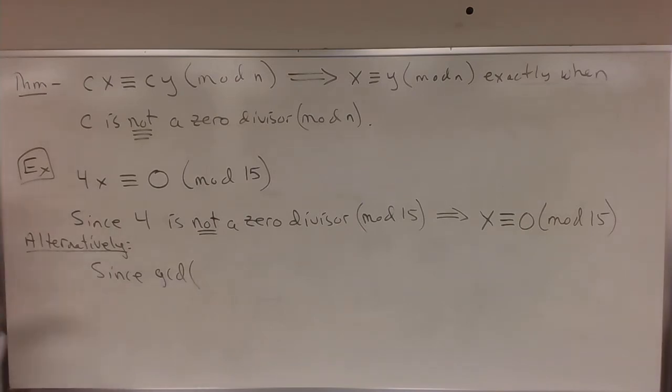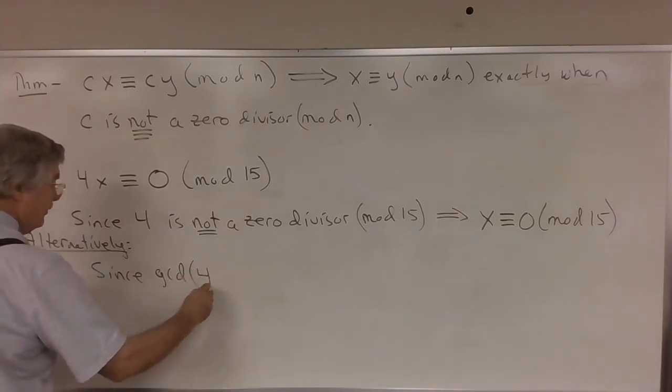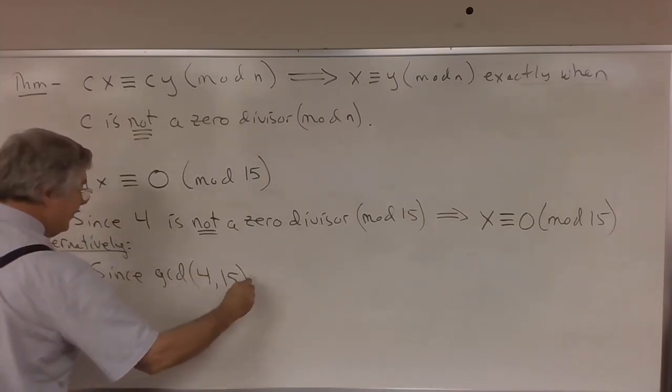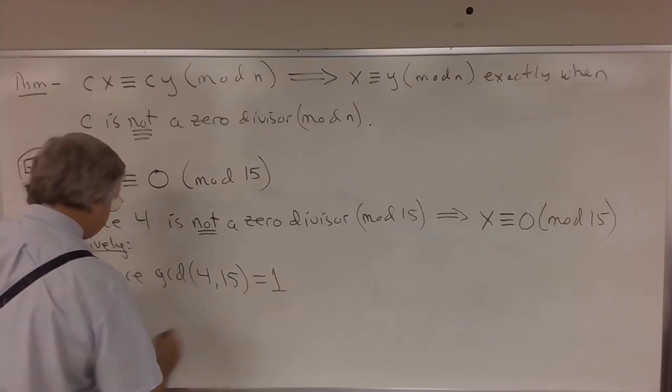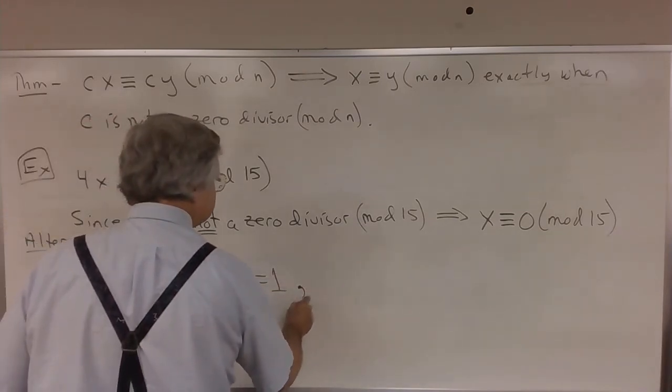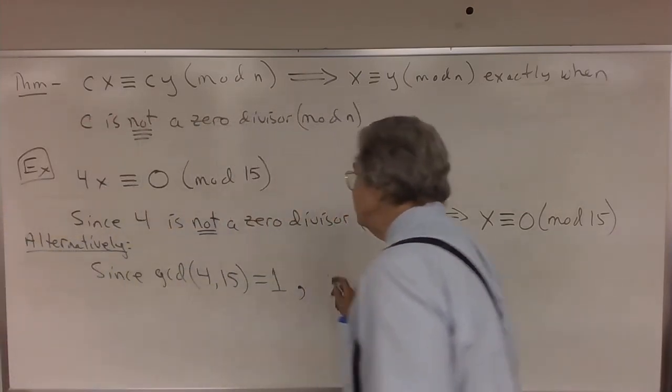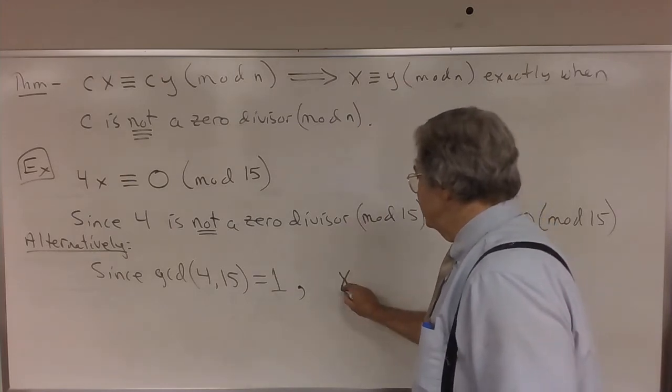We could say 4 and 15 are relatively prime, so we can cancel the 4 from both sides.